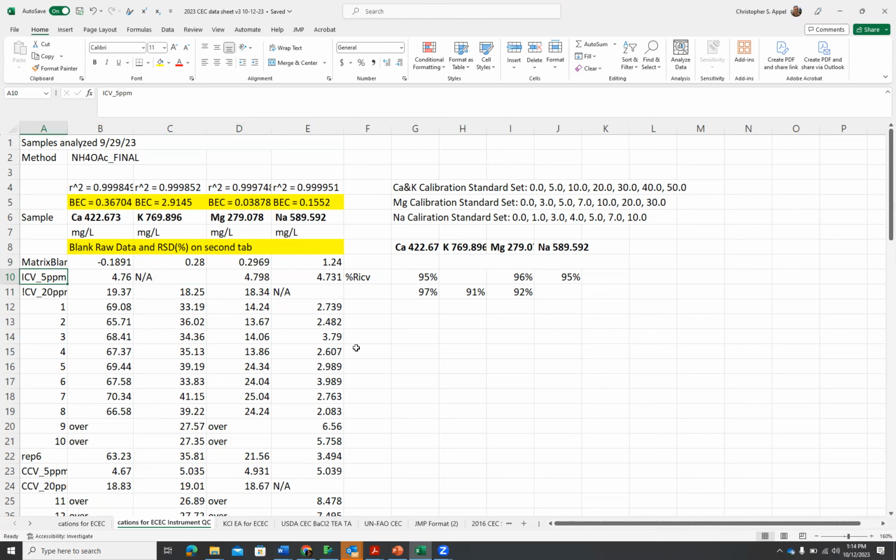And then once you have that information, you can put that in your table. And again, we're just reporting ranges, low to high.